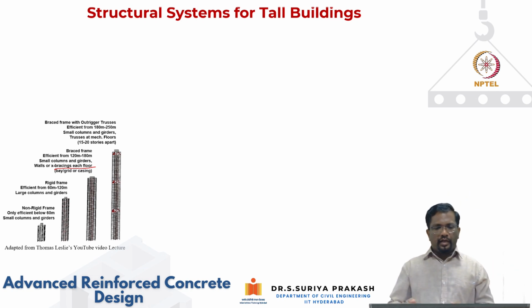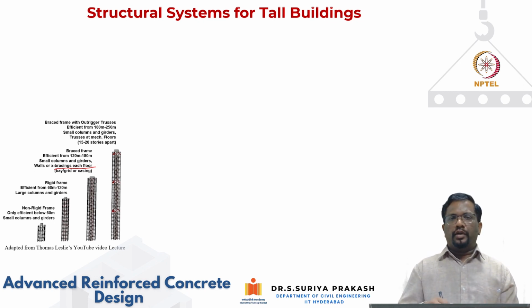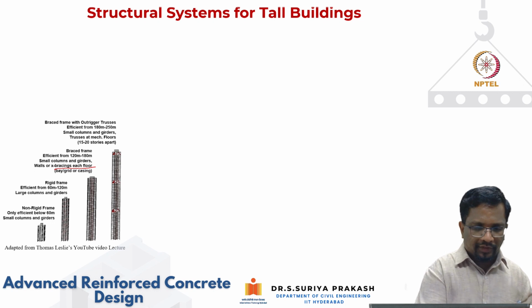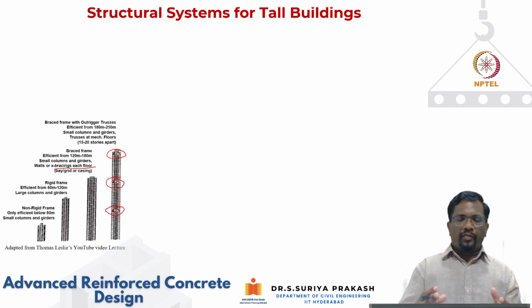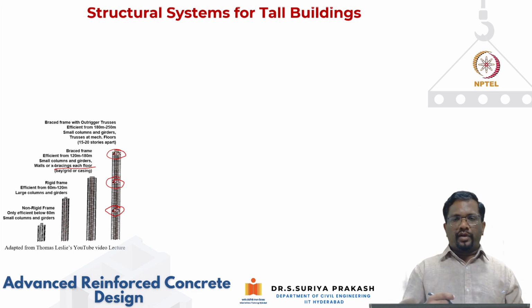Then, braced frames along with your rigid frames, you can also create something called outrigger trusses. Look at these certain locations. We develop a very stiff truss system and put it at certain levels, and these are called outrigger trusses.